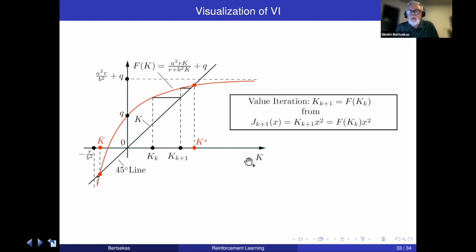It's a very insightful figure that we are going to use in the next slide to get further insight, and we're going to use a similar figure for policy iteration and also for rollout and also for approximation in value space.